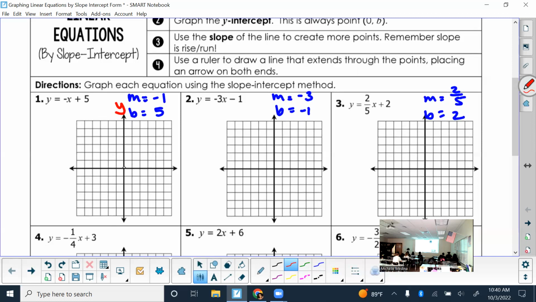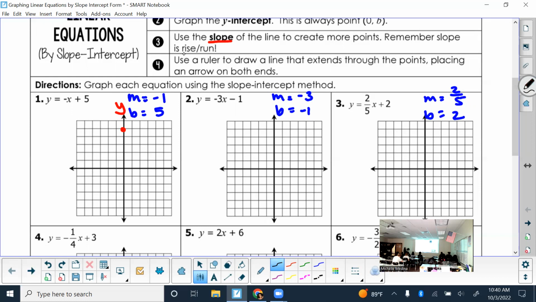So from the origin, count up 1, 2, 3, 4, and 5. I always have students that count 0 first. Always count after 0. So you graph your y-intercept, and then you use the slope to create more points.